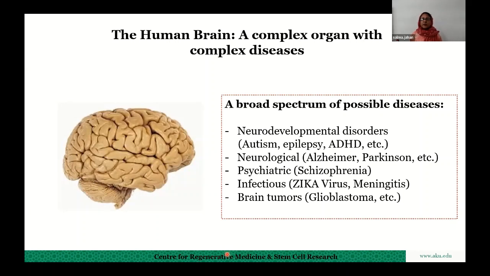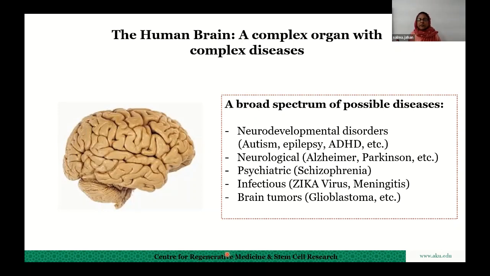Most of the complex diseases we face in current times are neurodevelopmental disorders, neurological disorders, and psychiatric disorders. In the last 2 years, we are facing viral infection, such as COVID, coronavirus. And some people are affected with brain tumors.